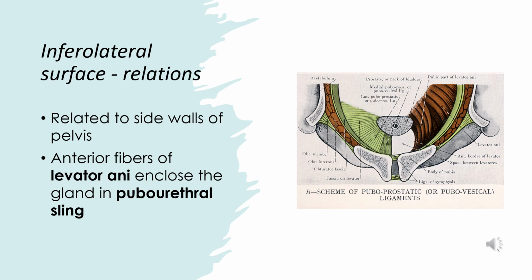An important point to note here is that the anterior fibers of levator ani enclose the prostate gland in the pubourethral sling.